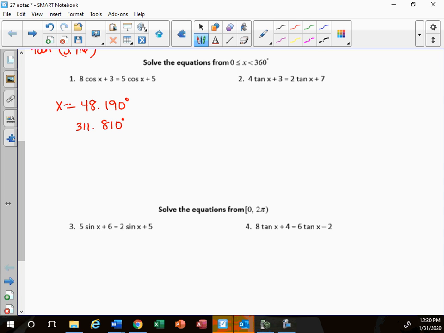And we're in degree mode, so I will put my little degree symbol there. So guys, there's not really any work you have to show me. It's just, can you do it? Yes or no? Questions on that one?